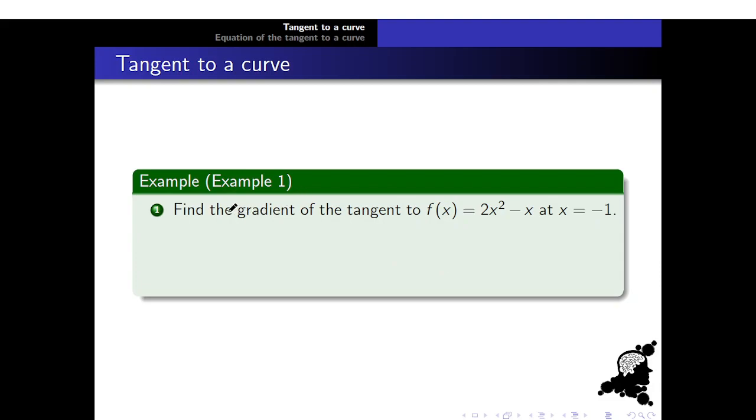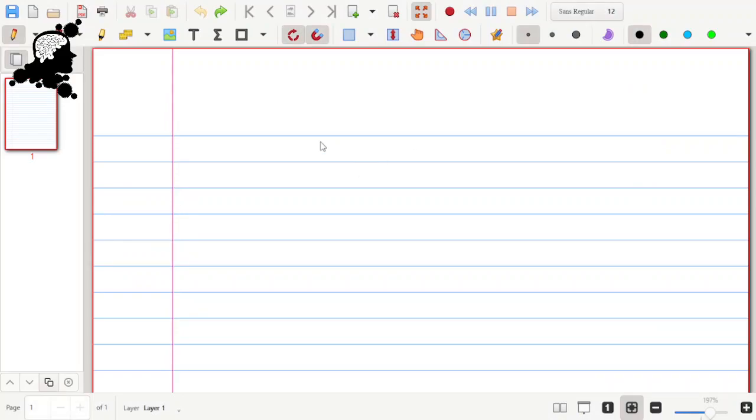So the first question says we need to find the gradient of the tangent to f of x equals 2x squared minus x at x equals minus 1. So let's have a look at this. We have the equation f of x equals 2x squared minus x. We are told that we need to calculate the gradient at x equals minus 1. So the first step is we need to find the derivative.